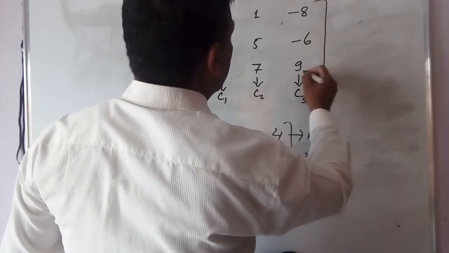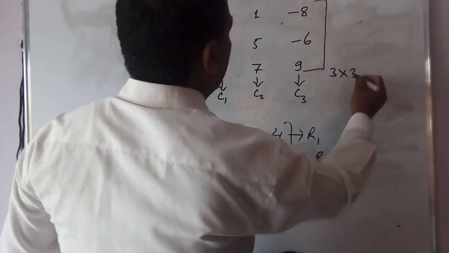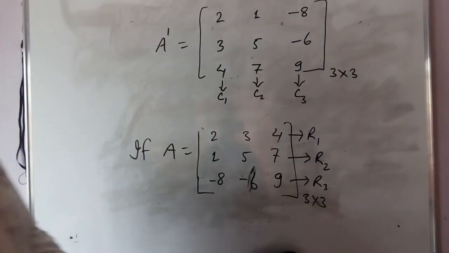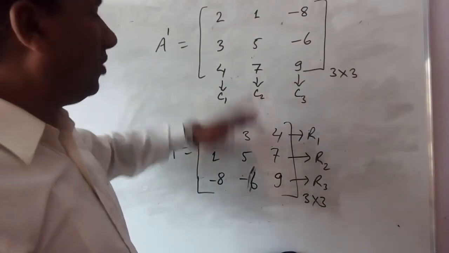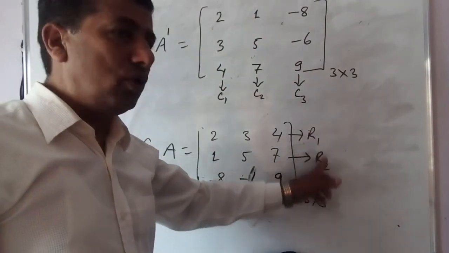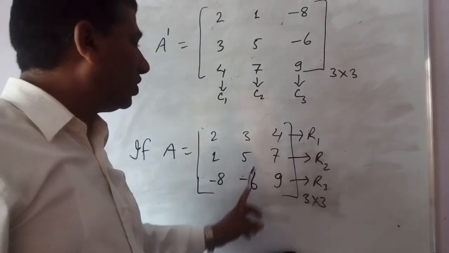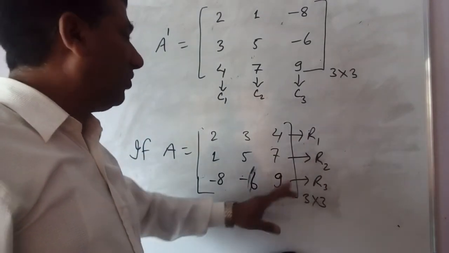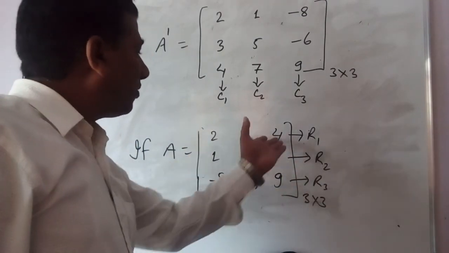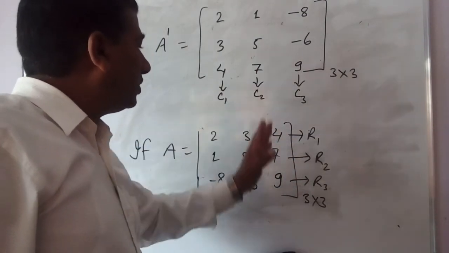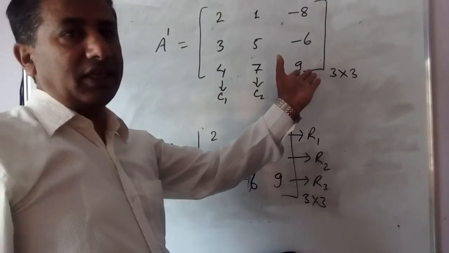Now see, again what we found: this matrix after changing its rows to columns. What I did, I changed R1 to C1, R2 to C2, R3 to C3, or you can change the same way, C1 to R1, C2 to R2, C3 to R3, and you will get the same result.